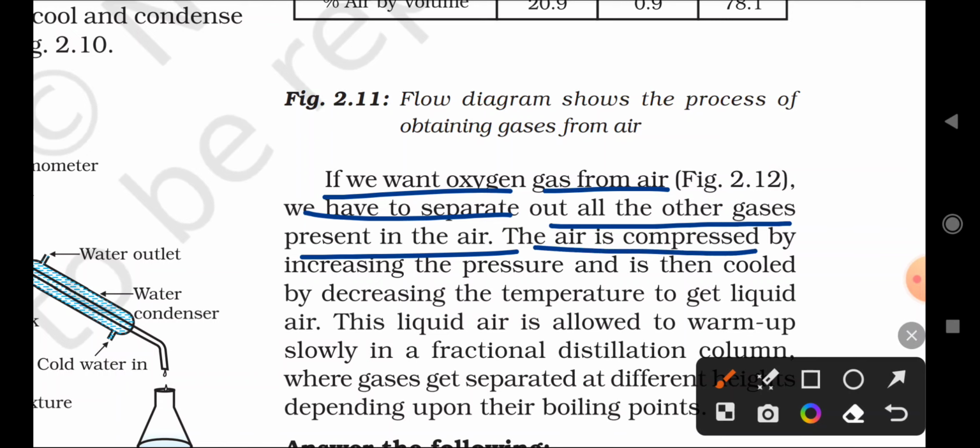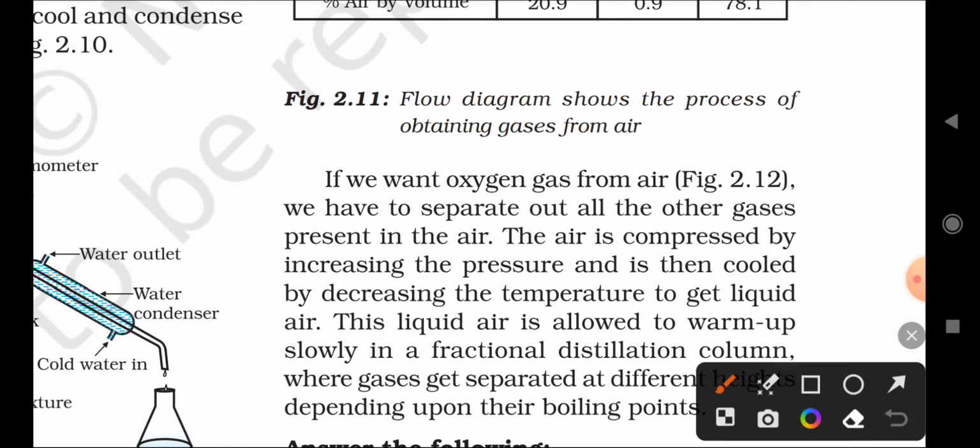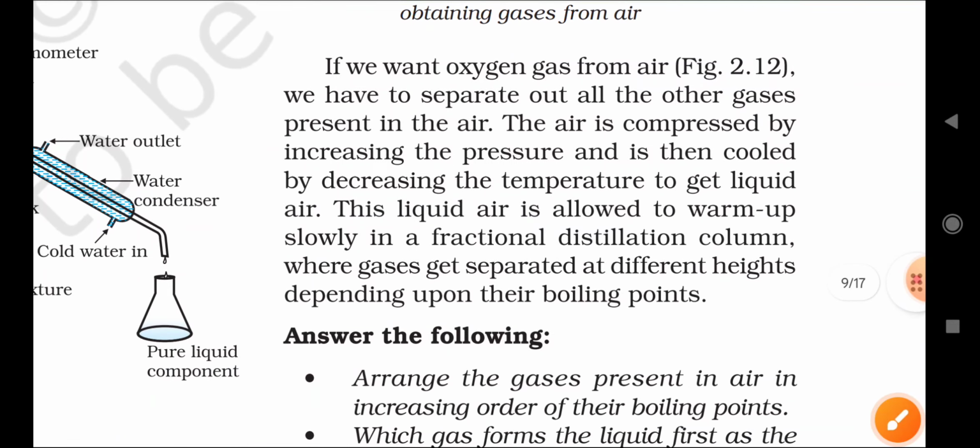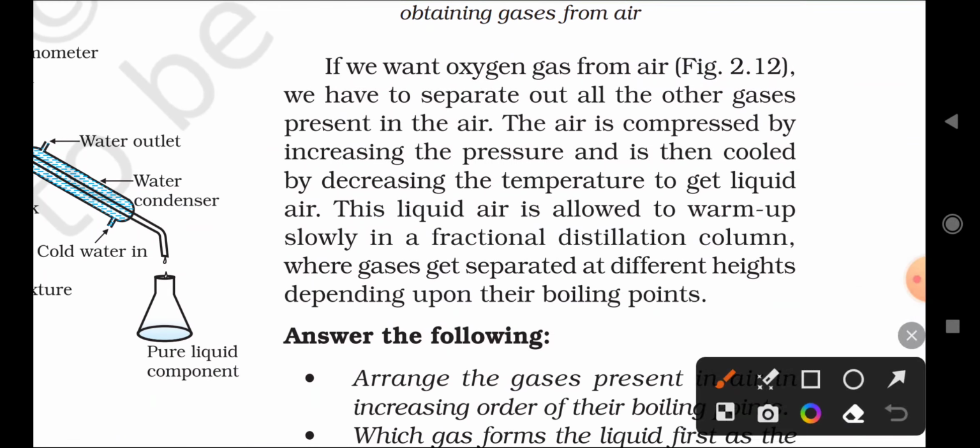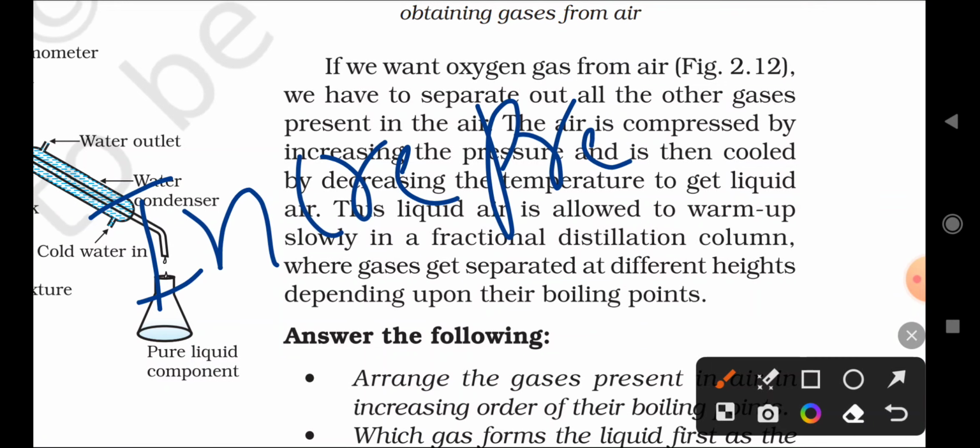The air is compressed by increasing the pressure and is then cooled by decreasing the temperature to get liquid air. To get a pure gas from the air, first you have to increase the pressure, by which the air will get very heated.